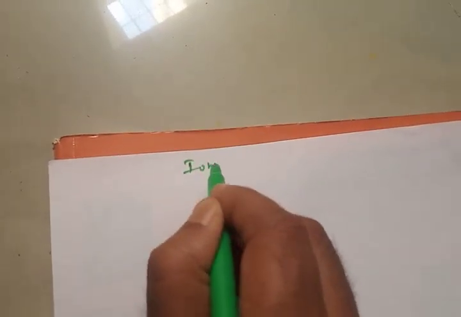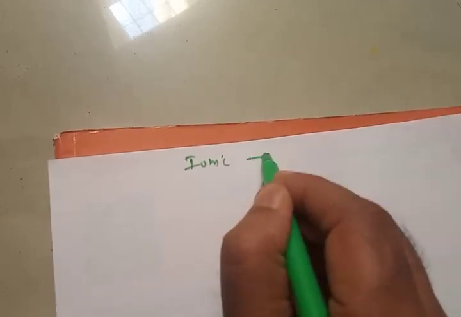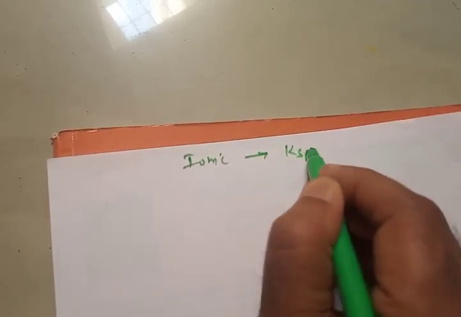If you are given values of ionic coefficient, the ionic values, and you need to find out the Ksp. So from ionic value to Ksp: this is the problem based on having ionic values and finding the Ksp, the solubility product constant.